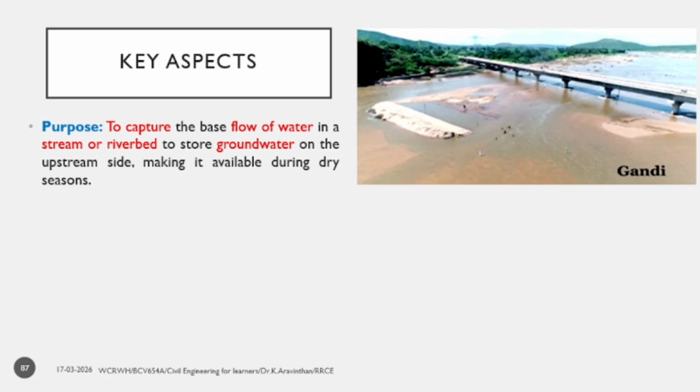If you find it there, you can construct a dike. Where can you construct? Across this. This is a river flow, no? The river is flowing this side. You can construct across this, called a dike structure. These are the key aspects. What it will help is to flow the water below the ground where you construct across the river.